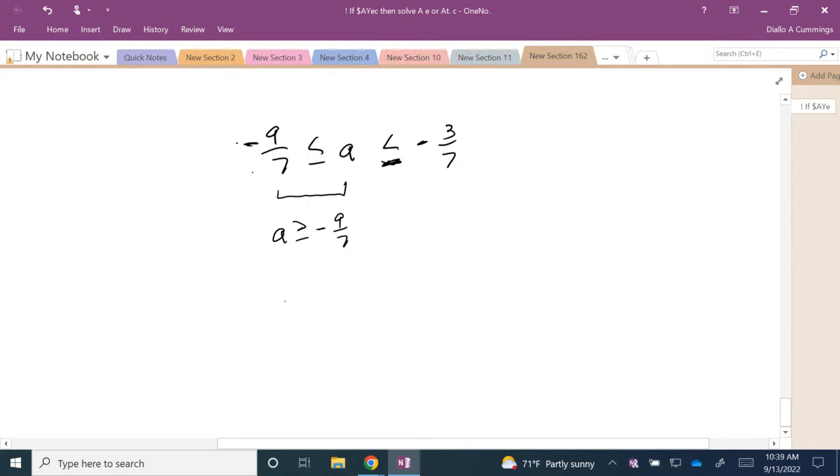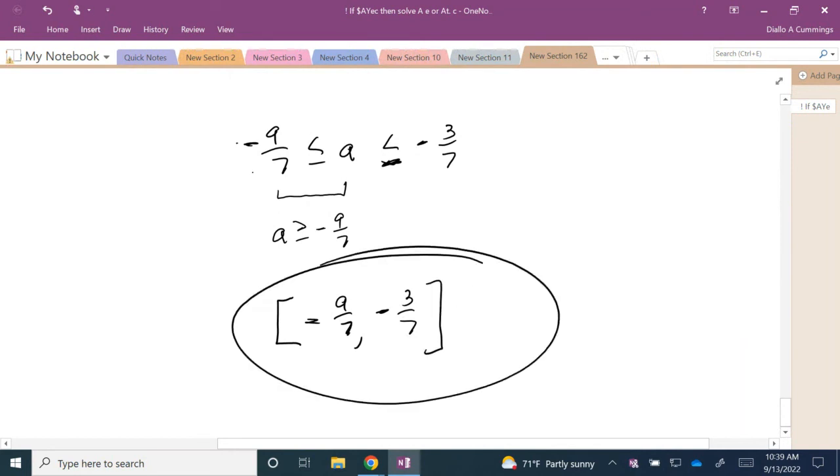So our interval notation solution is the bracket -9/7, comma, -3/7 with a bracket. Notice I did not use that union symbol. The union symbol is only used for greater than and greater than or equal to inequalities.